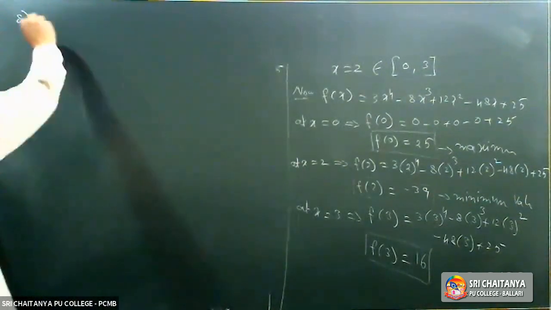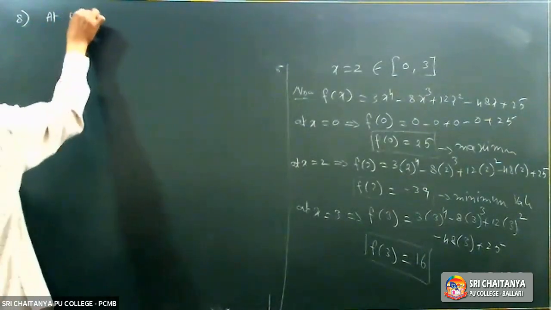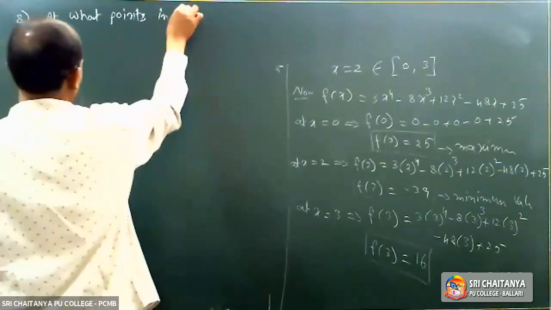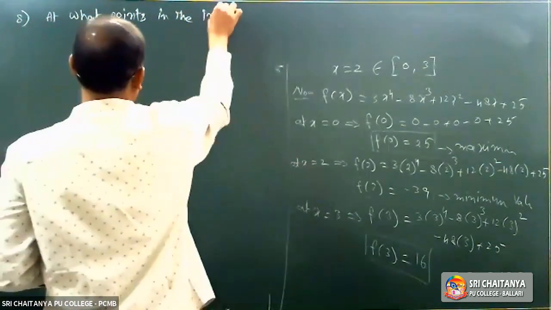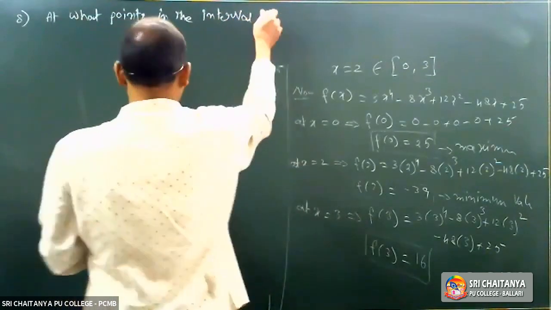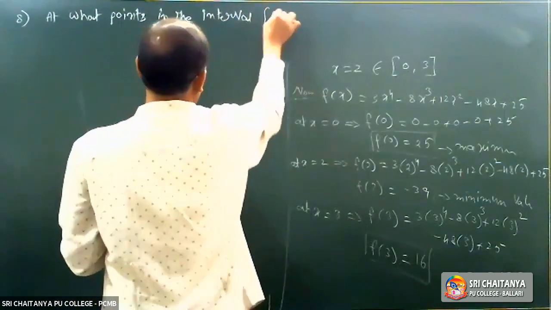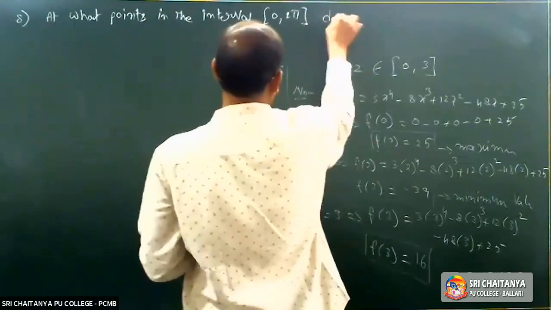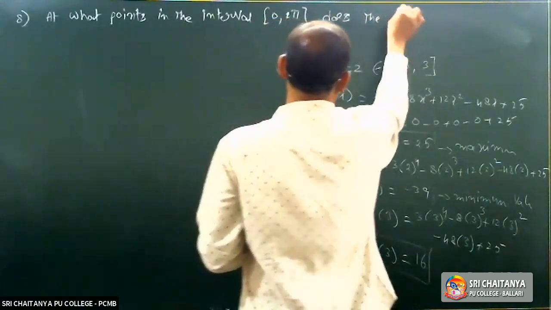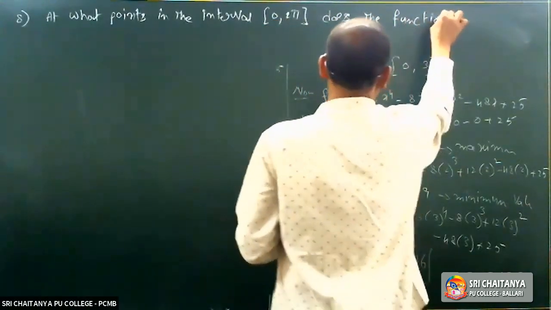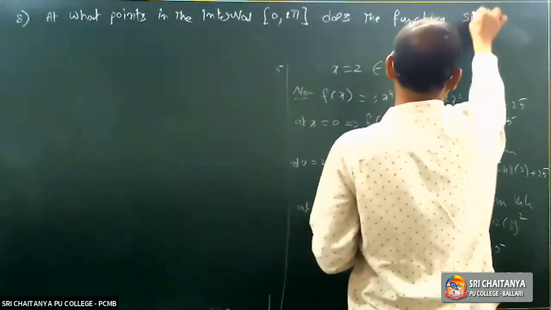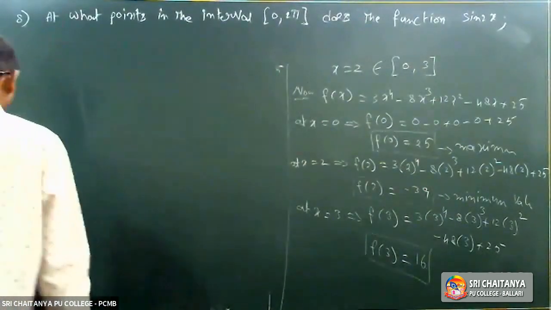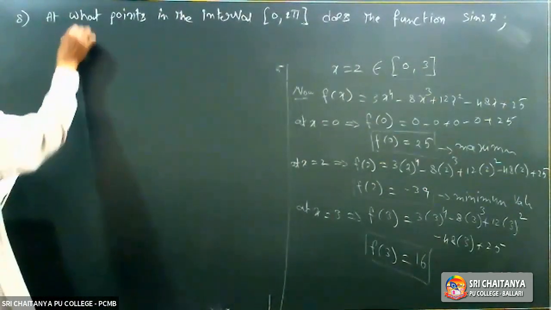At what points in the interval 0, 2 pi does the function sine 2x attain its maximum value?